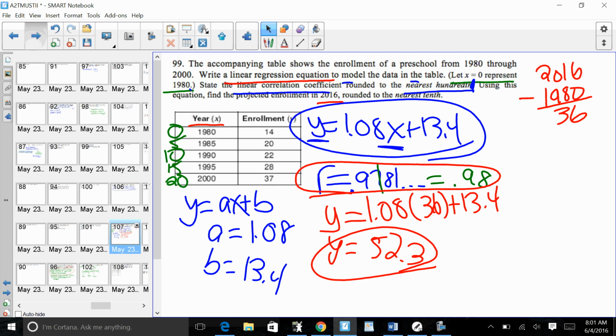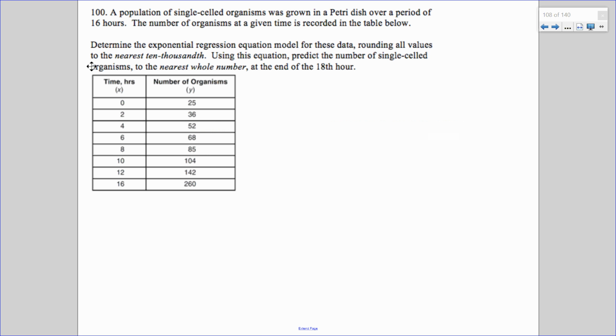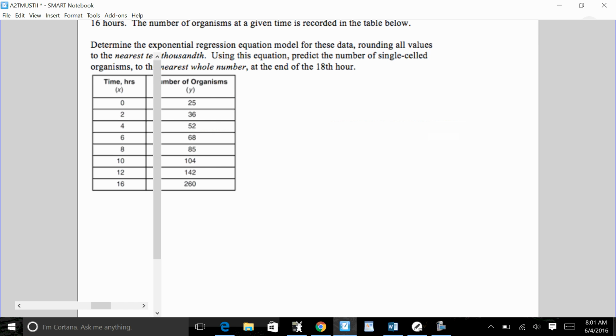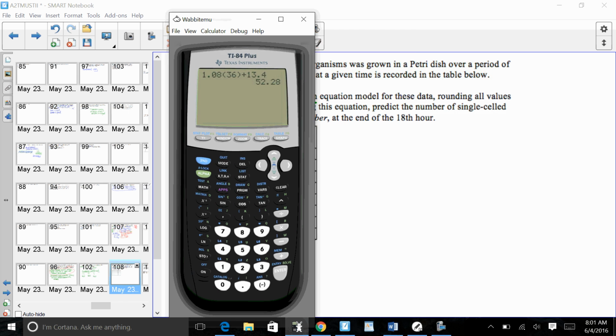Be very careful. I do want to do an exponential, just so you see it. So let's quickly do the exponential here. I need my calculator. Again, it's asking for the exponential regression equation, so I just let my calculator do the work for me.